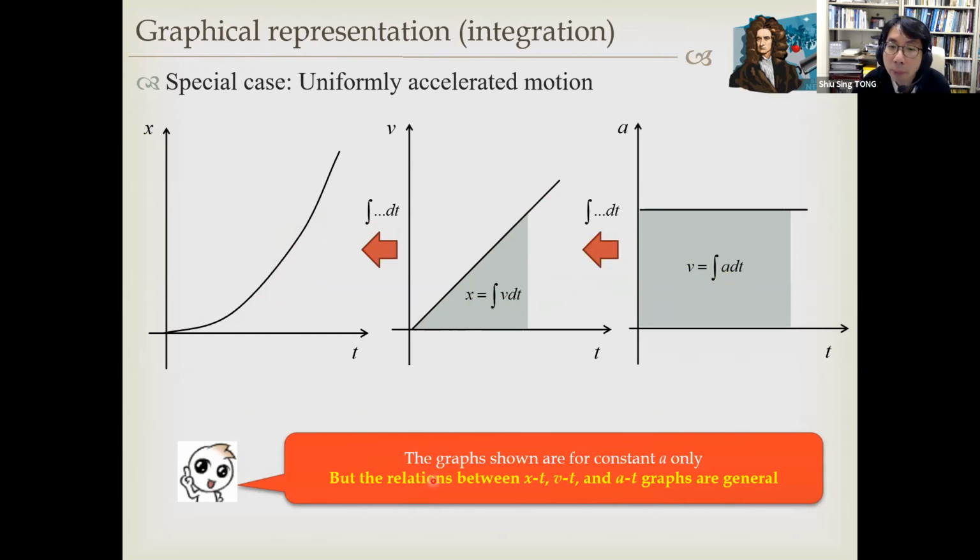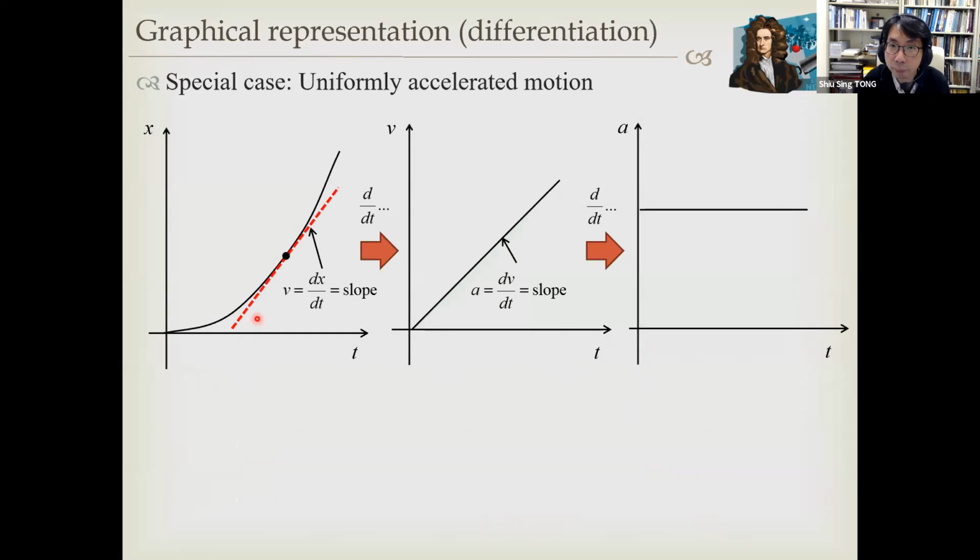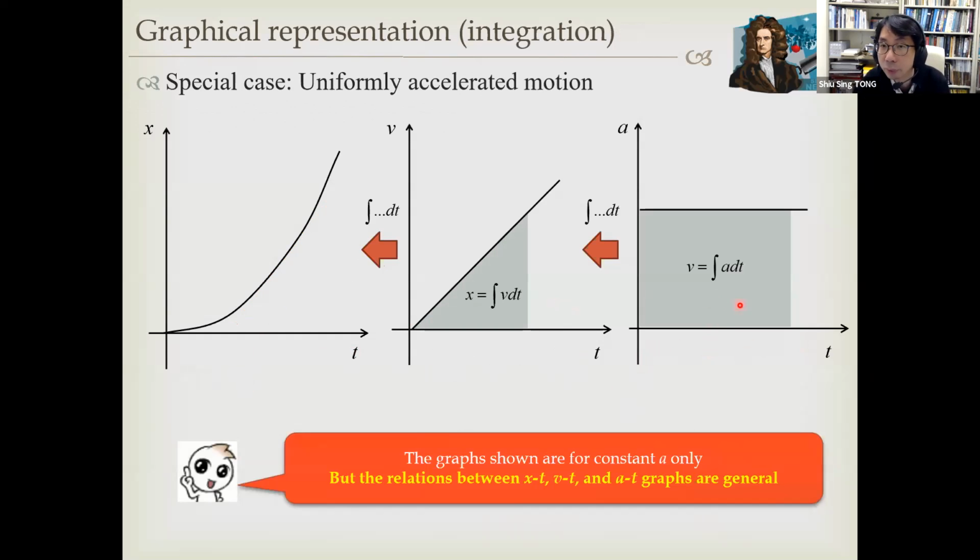The graph I show here is for a uniform accelerated motion in which a is a constant, but the relationships between a, v, and x are general. When you go from x to v to a, you need to do differentiation, and if you want to go back from a to v to x, you are effectively doing integration.